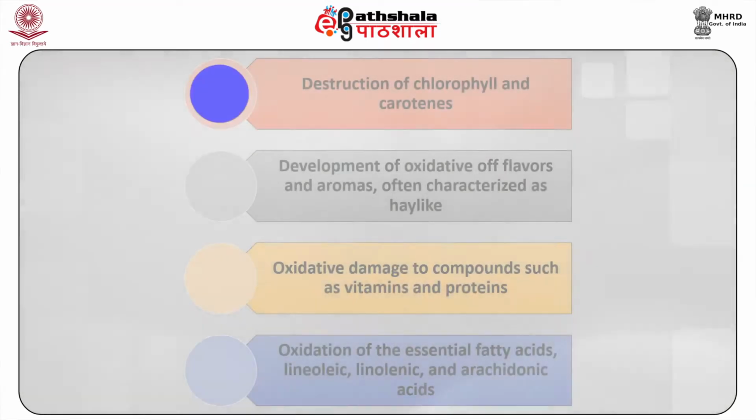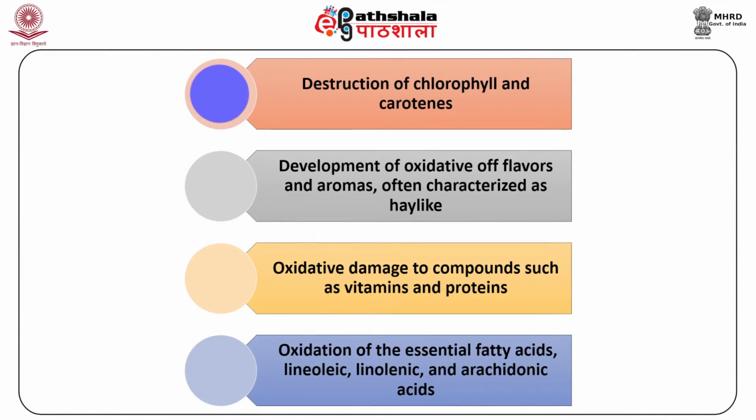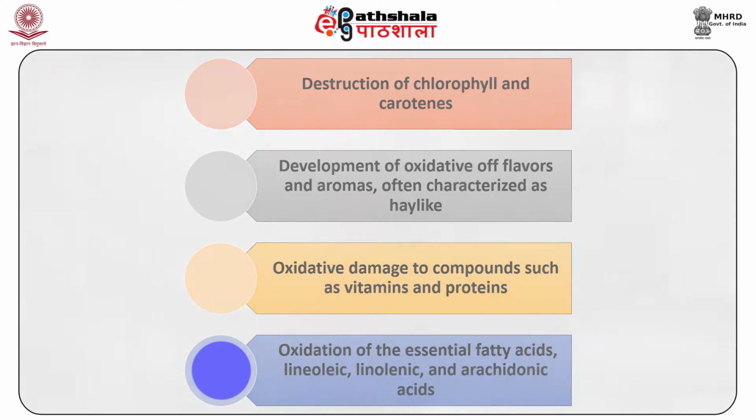The 4 undesirable effects of lipooxygenase in food are destruction of chlorophyll and carotenes, development of oxidative off flavors and aromas often characterized as hay-like, oxidative damage to compounds such as vitamins and proteins, and oxidation of essential fatty acids like linoleic acid and linolenic acid as well as arachidonic acid.